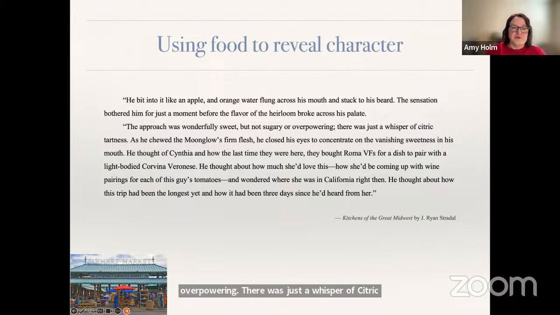As he chewed the moonglow's firm flesh, he closed his eyes to concentrate on the vanishing sweetness in his mouth. He thought of Cynthia and how the last time they were here, they bought Roma VFs for a dish to pair with a light-bodied Corvina Veronese. He thought about how much she'd love this, how she'd be coming up with wine pairings for each of this guy's tomatoes, and wondered where she was in California right then.